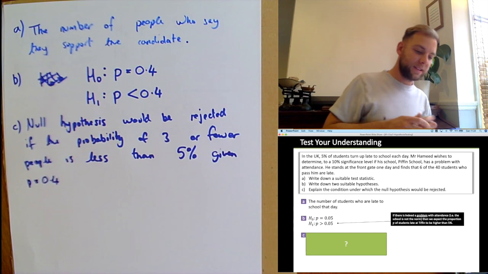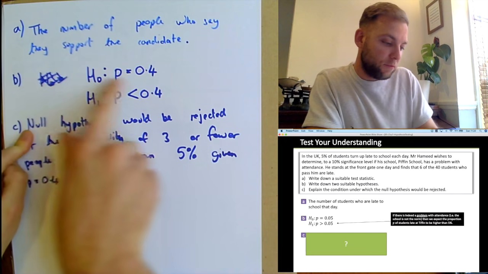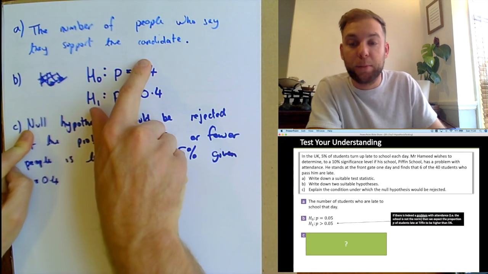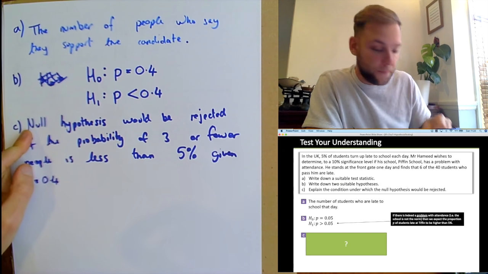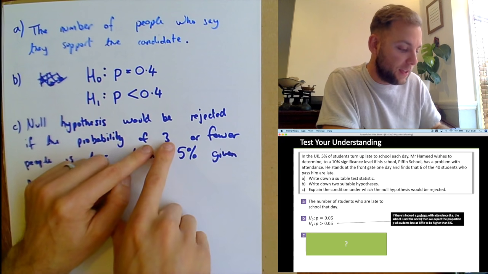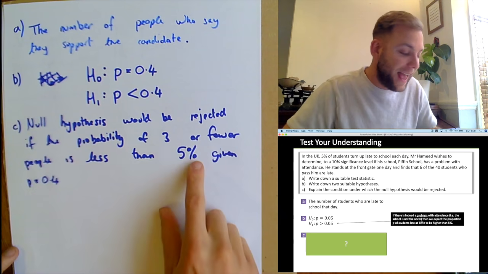So what we're saying here is that I would reject my original candidate's population parameter or original hypothesis if the probability of getting 3 or fewer, okay, is actually less than 5%.